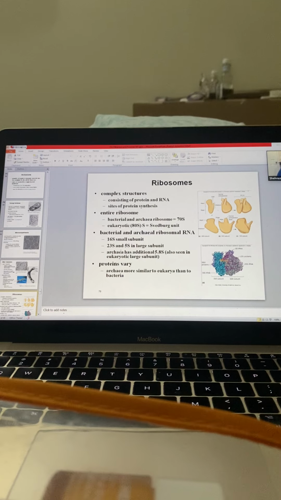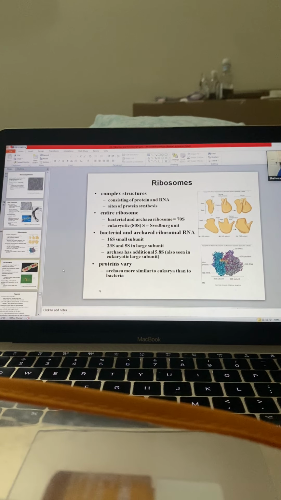So there's a similarity in archaea and eukaryotes in having this 5.8S ribosomal RNA, whereas it is missing in your bacterial ribosomes. As for the proteins that are part of your ribosomes, archaeal proteins are similar to eukarya, and they are much further apart in bacteria.